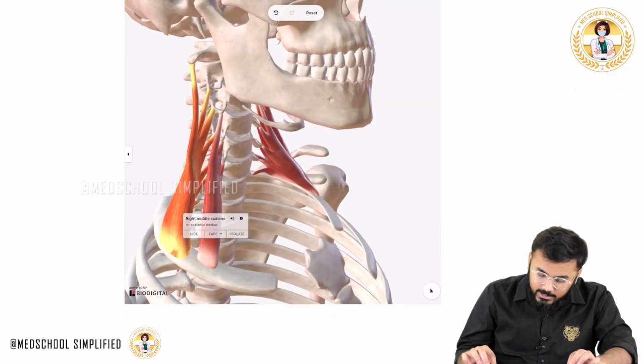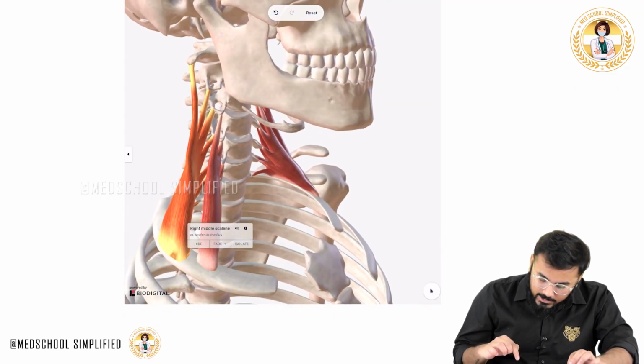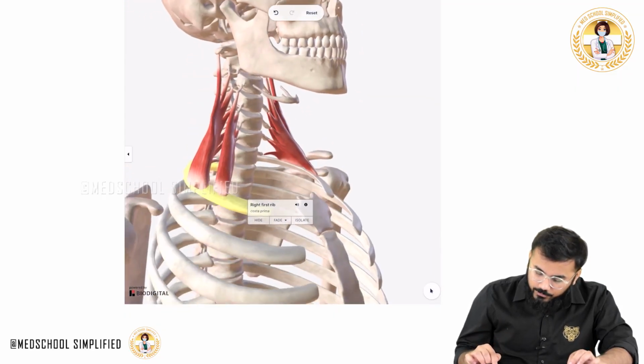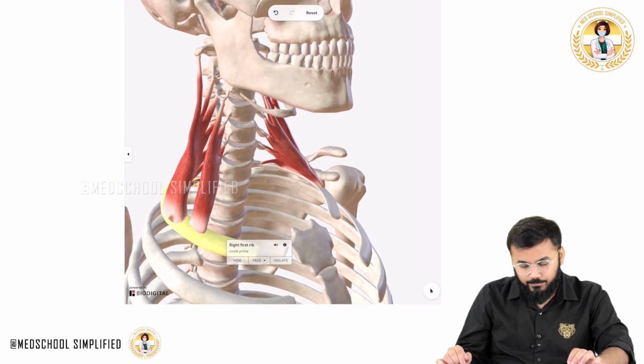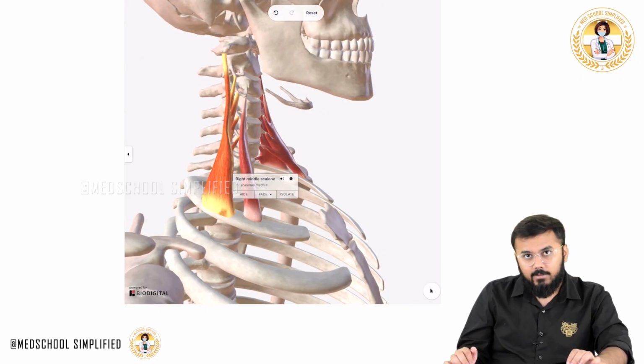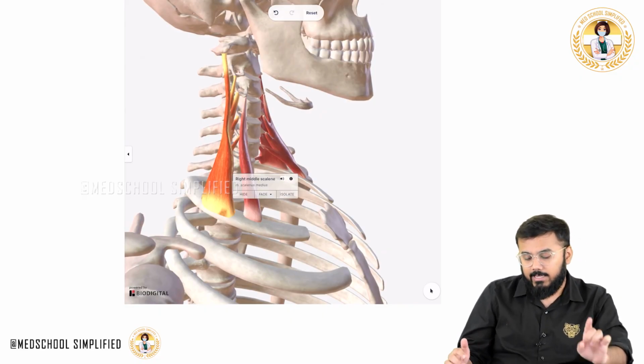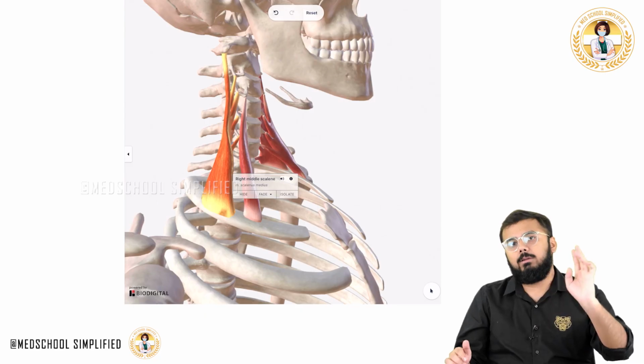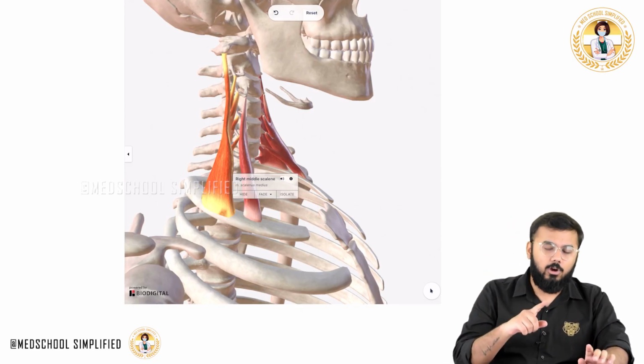But where do they insert? The anterior scalene and middle scalene both insert to the first rib only. Now there is a gap between the anterior and middle scalene. Keep that point in mind; I will talk about that gap later on.